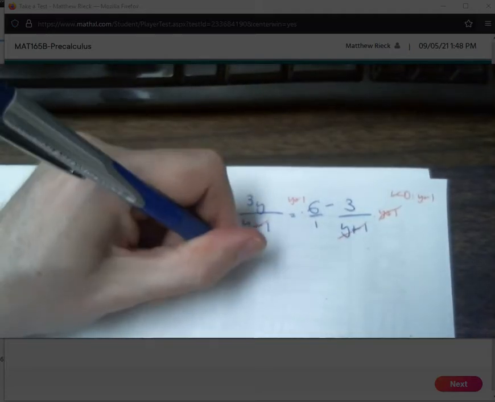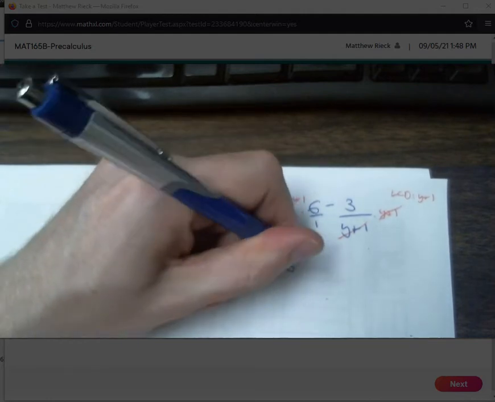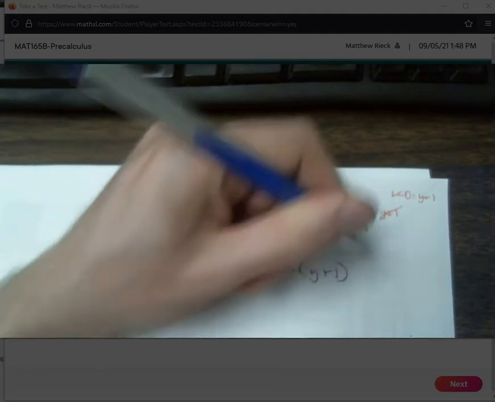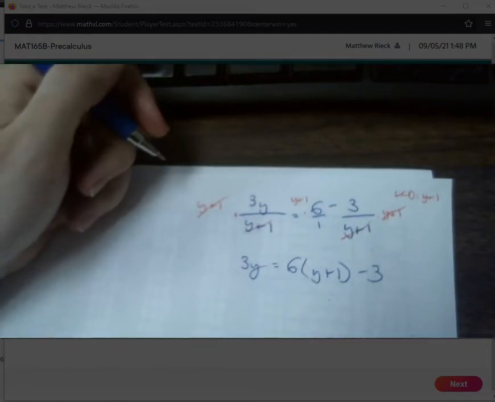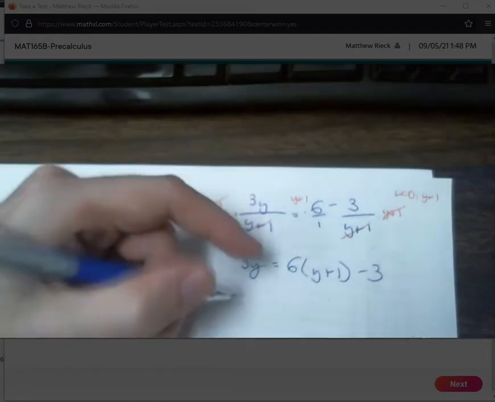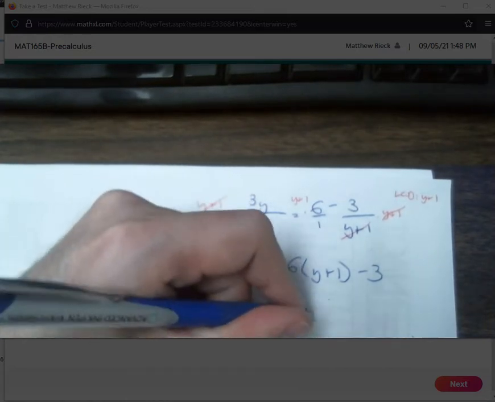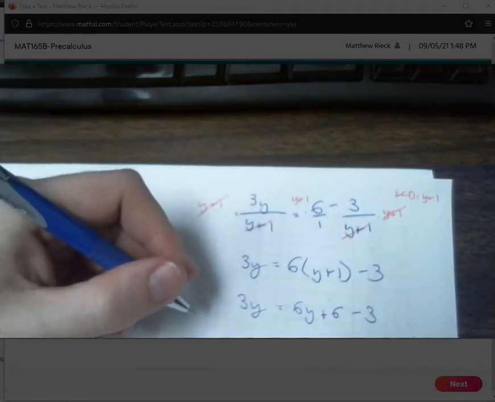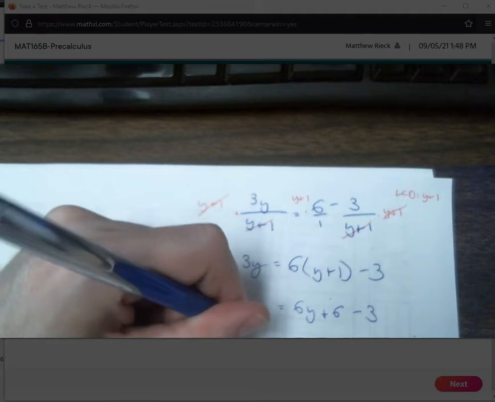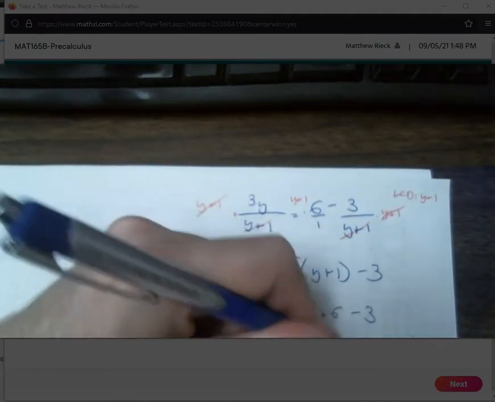So we have 3y equals, then we have 6 times the quantity y plus 1 minus 3. So we have 3y equals 6y plus 6 minus 3, which we can combine like terms on the right hand side.